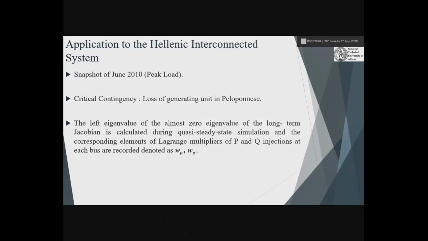For the simulation of this snapshot, we performed a quasi-steady state simulation using the WP stub environment, and we observed the Lagrange multipliers of active and reactive power injections at each bus.